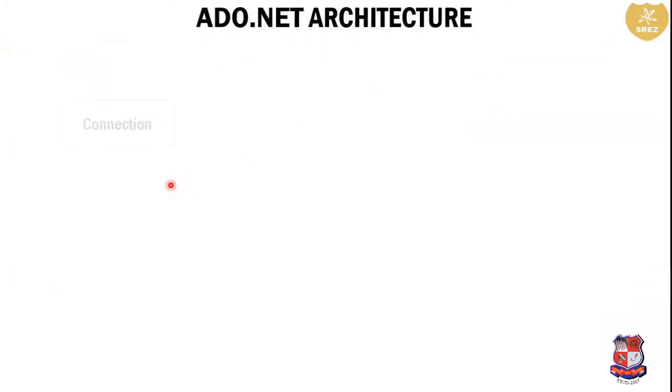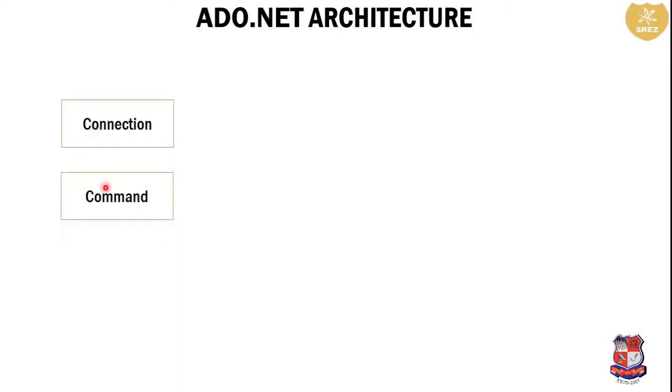So how does it look? There are some objects. We will study them in detail in the later parts, but for now let us consider them as they are. The first object is the connection object. As the name suggests, this is used to connect our application to the database.